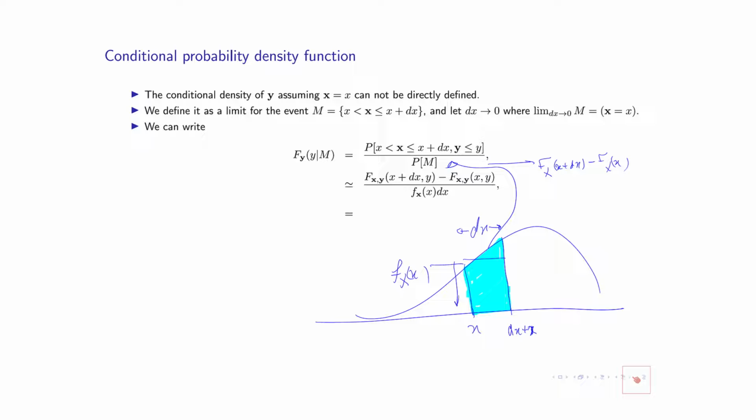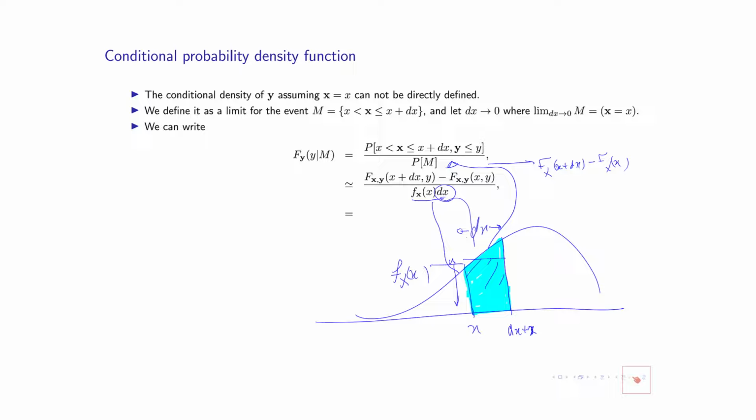So this area is equal to width times height. If dx is small enough, this area is like a rectangle, so it's going to be equal to f_X of x times dx.